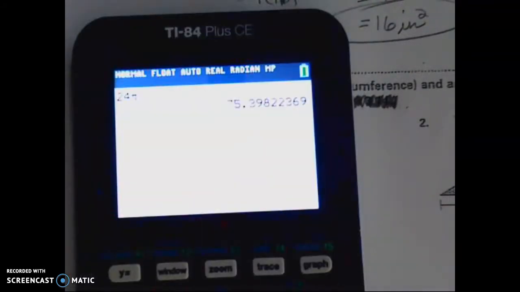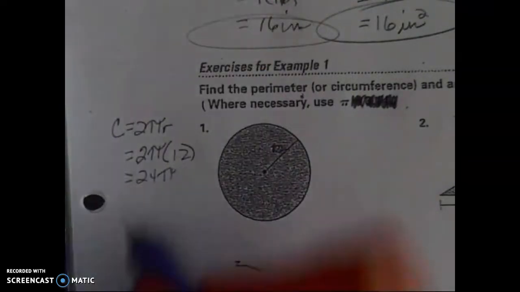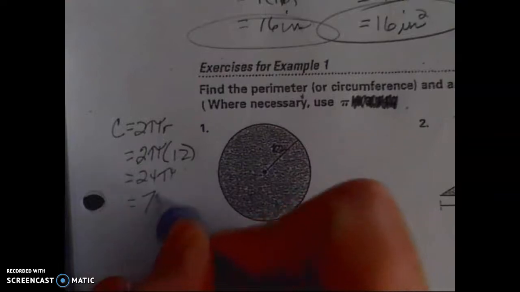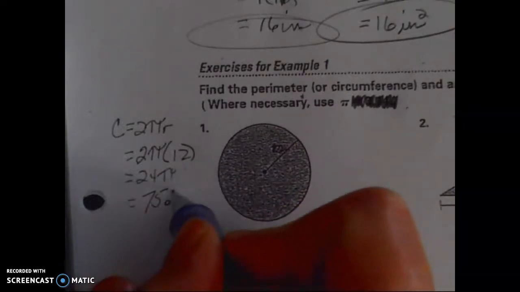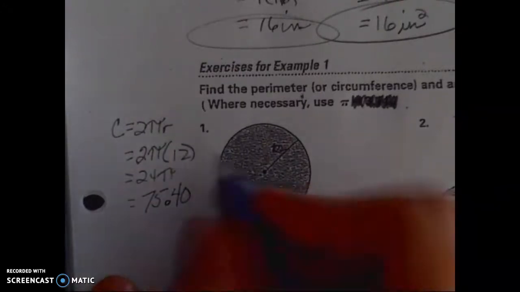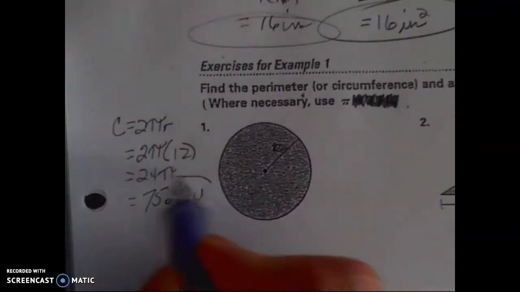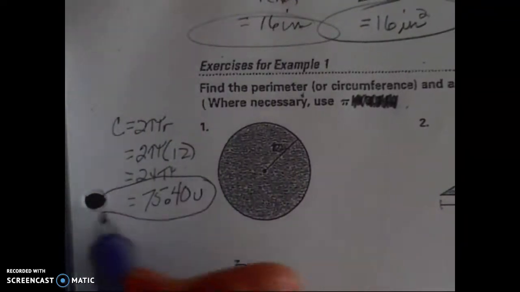And that's what I get, 75.398. We're going to round to 2 numbers after the decimal point. So it's 75.40. Circumference is in units. If there's no unit there, you just write U for units.